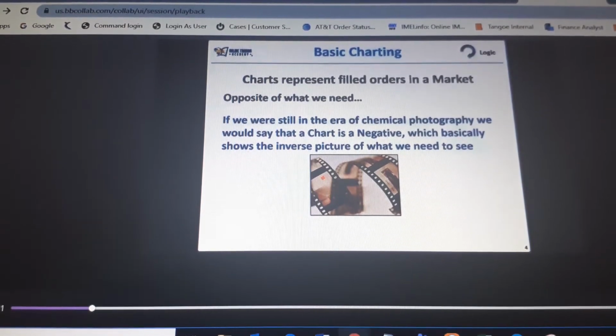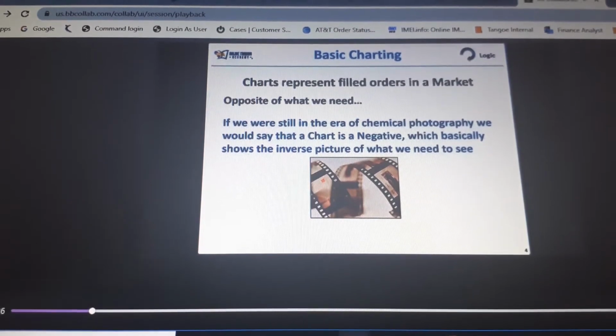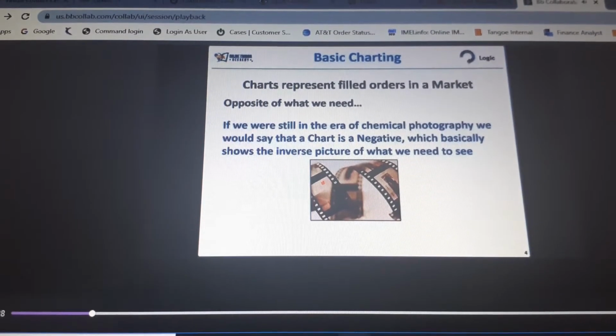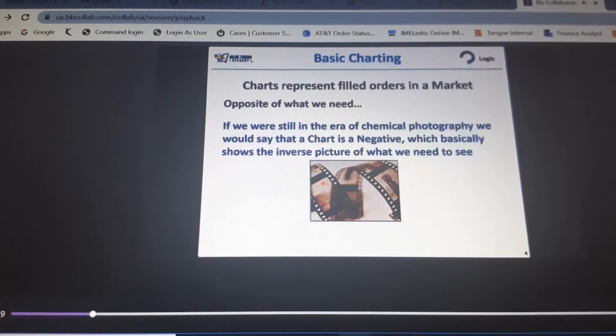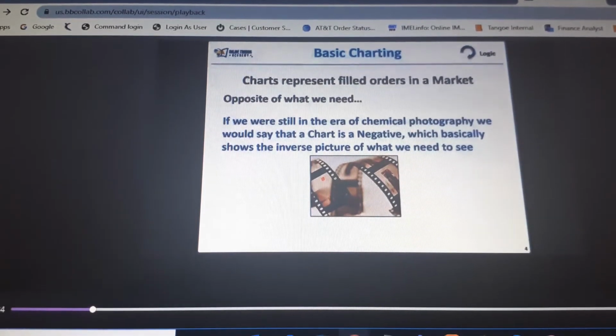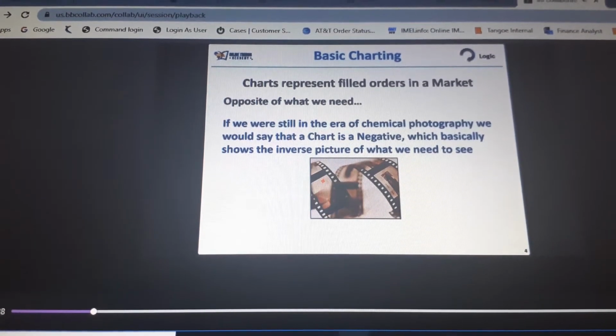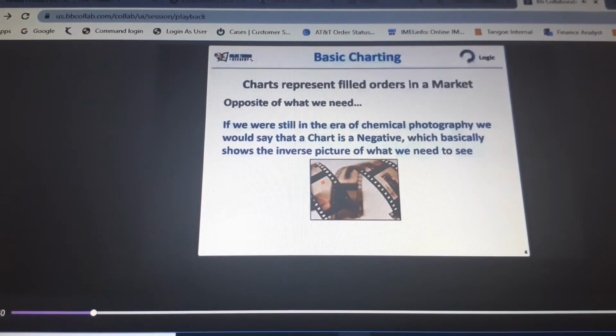Similarly, the charts represent filled orders, but we as core strategy traders have to look for the unfilled orders on the chart.